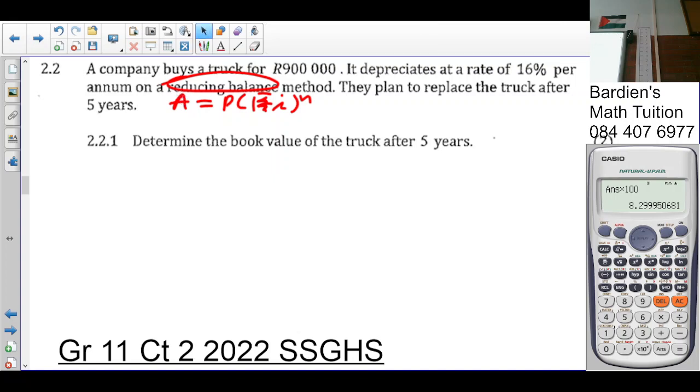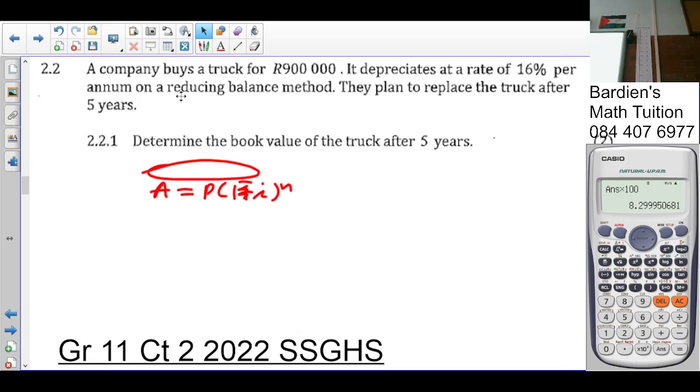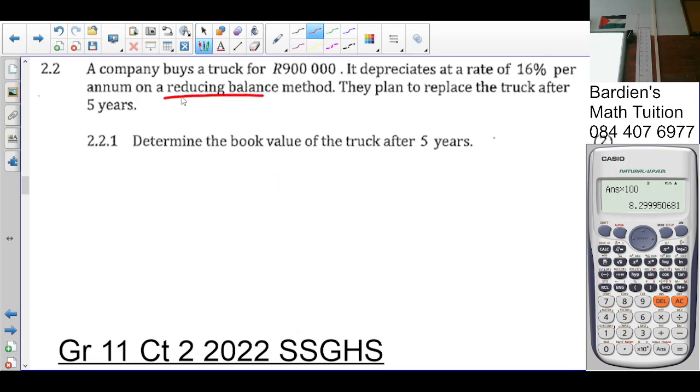So of course this formula stands. Just rewrite it neatly. So it's going to be P, which is 900,000 into 1 minus 0,16 to the exponent 5.